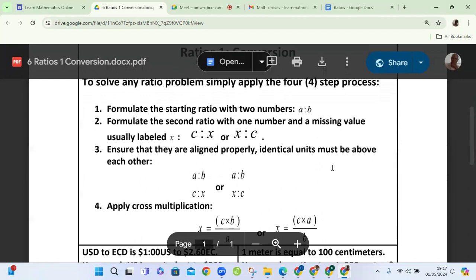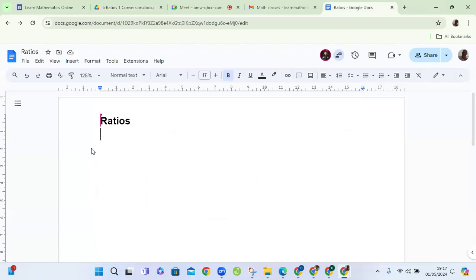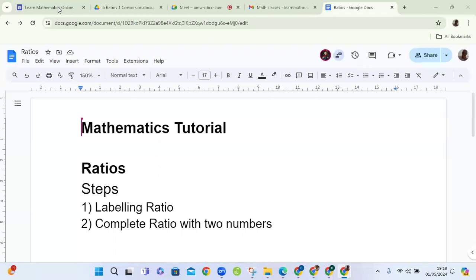Okay, so let us formulate this now in our presentation. So the 4-step process, step number 1, a labeling ratio. So the first step is a labeling ratio.